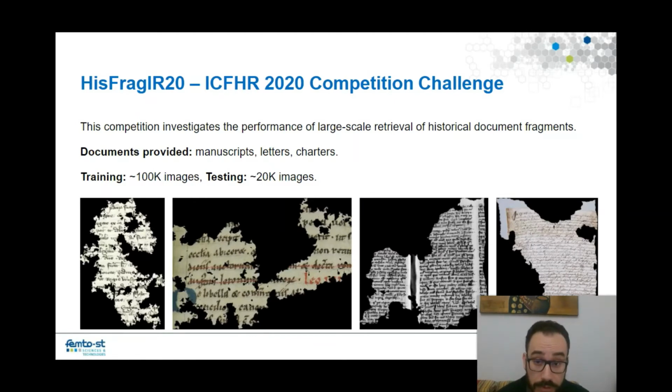The competition was very hard. It required a lot of resources and a lot of time. For example, it required more than 600 gigabytes of memory to compute a PCA algorithm. I will talk more about this during the system description.